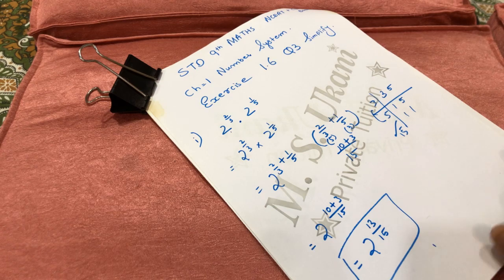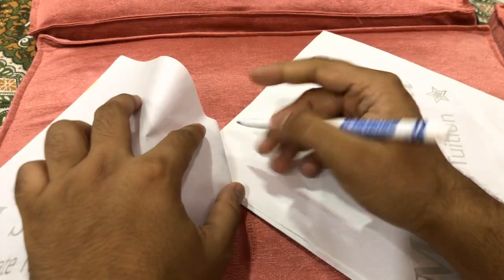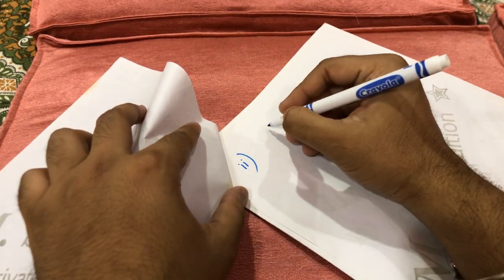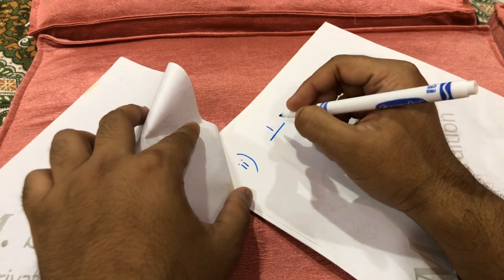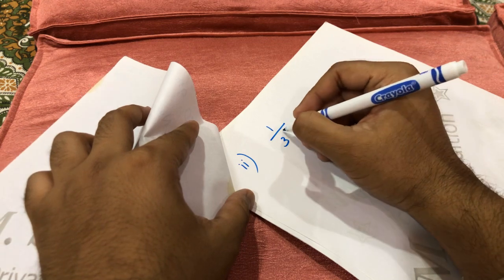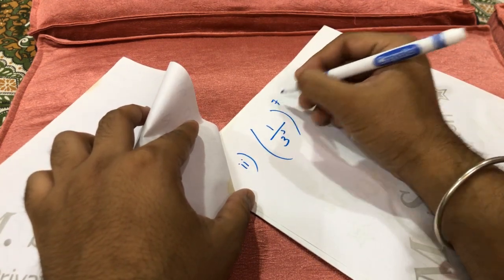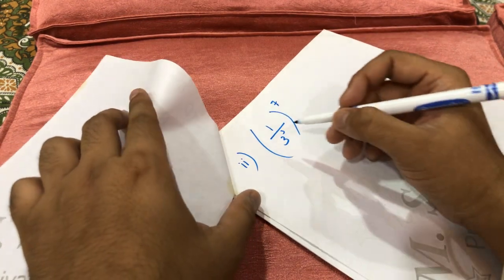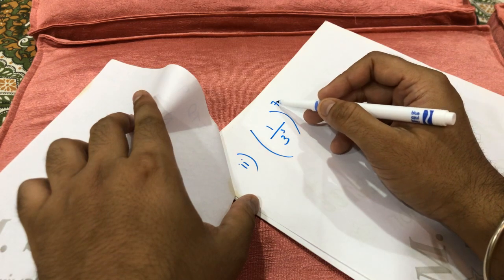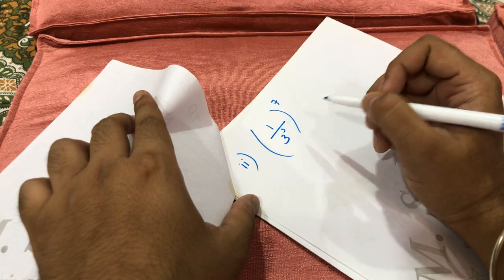Now let us move to the second one. The second question is 1 upon 3 raised to power 3, whole raised to 7. Now as you know, when there is a whole raised to 7, that means 7 will stick with 1 also, and 7 will stick with 3 also.